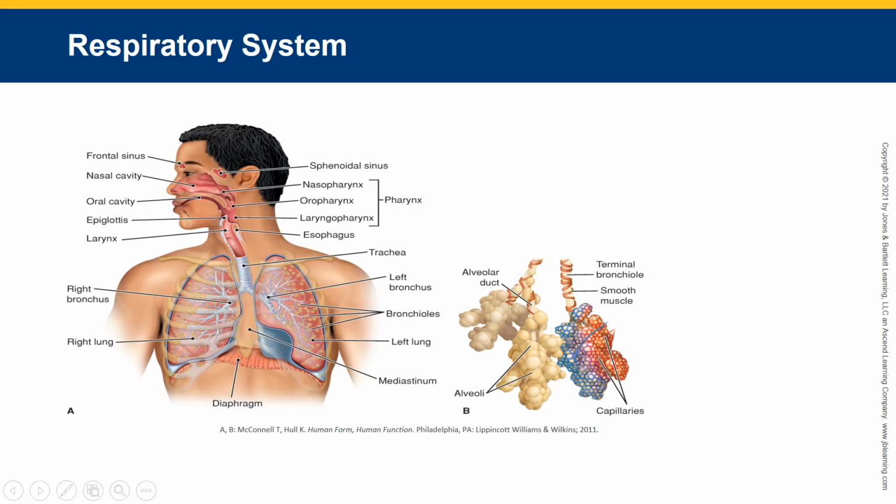We have the nasopharynx, which is behind the nasal cavity, the oropharynx, which is the area behind the mouth, and then the laryngopharynx, which is behind the lowest part of the pharynx. So the laryngopharynx is the lowest part. And within the laryngopharynx is the larynx, and the larynx is the voice box. Next to that, we see the esophagus as well.